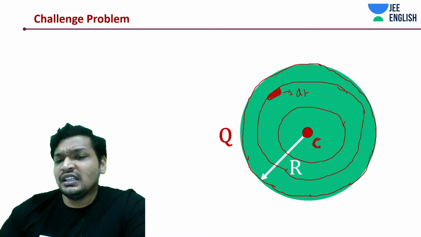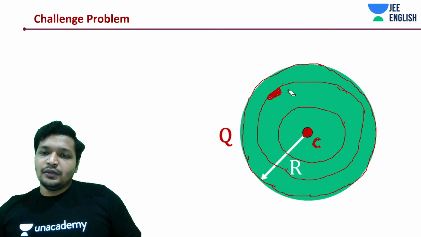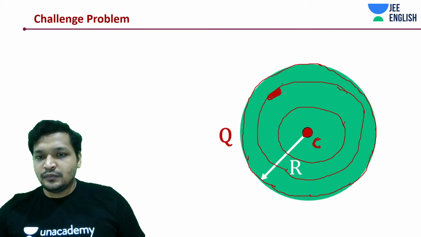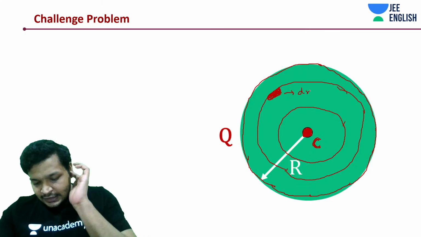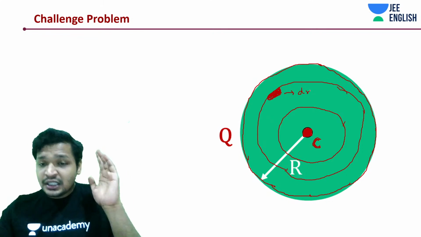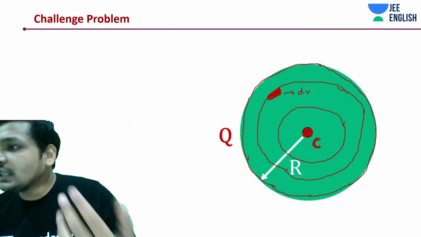The shell's thickness is dr for now, a small dr. Now let's understand one thing. It's a uniform charge distribution.